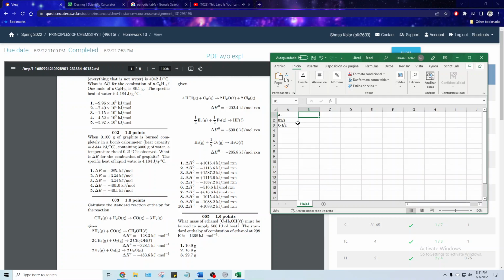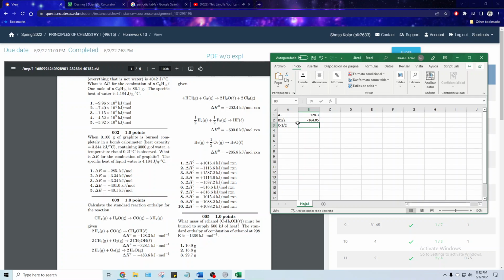So what we need to do is our negative 128.3 will become positive, so we'll have 128.3. We need to half this one: negative 328.1, and we're going to divide it by 2.